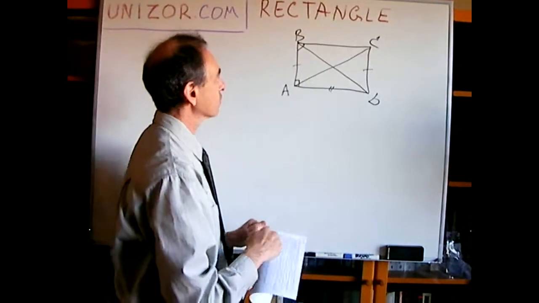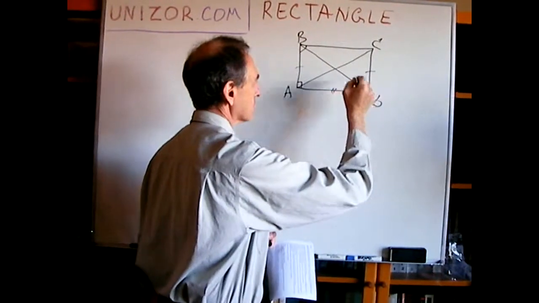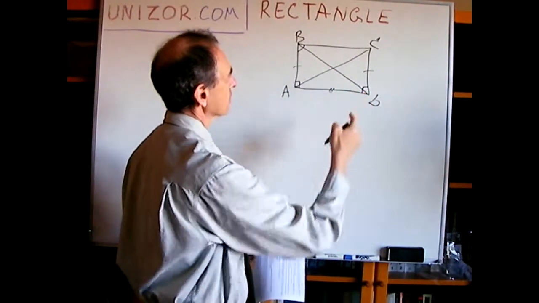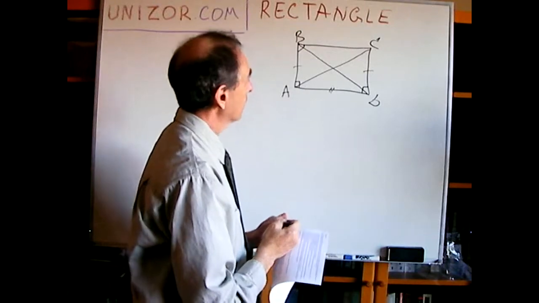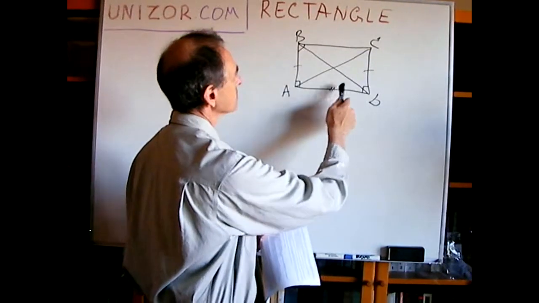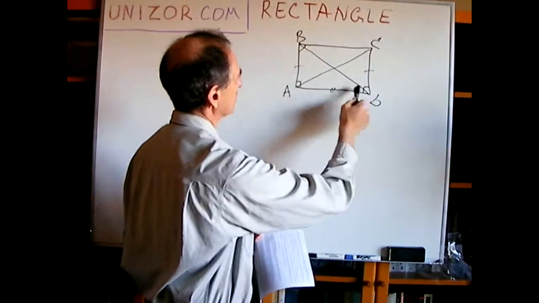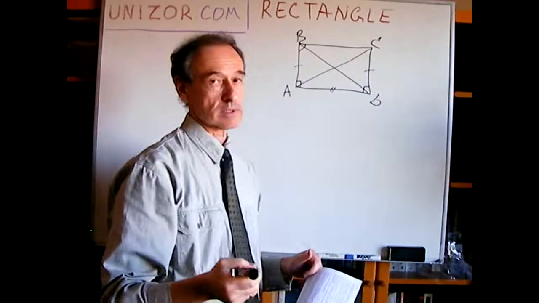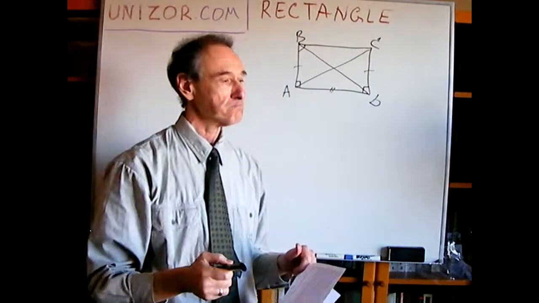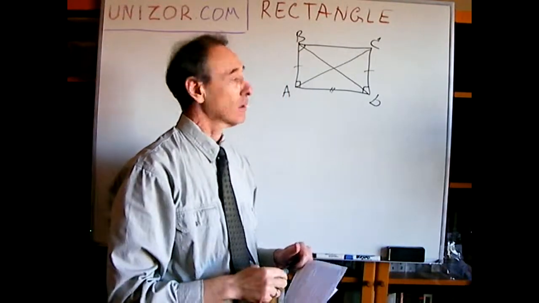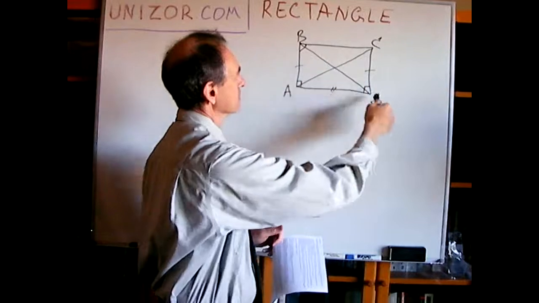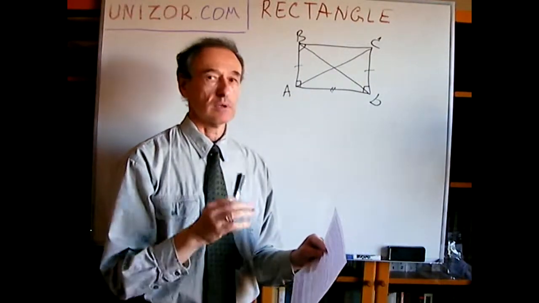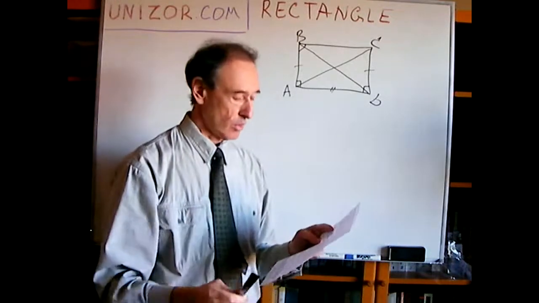And since these two triangles are right triangles, this angle is 90 degrees and this is 90 degrees. So we have congruence of two triangles, ABD and ACD, by two legs, two catheti. Since they are congruent, the hypotenuses are congruent as well. So in the rectangle, both diagonals are congruent.